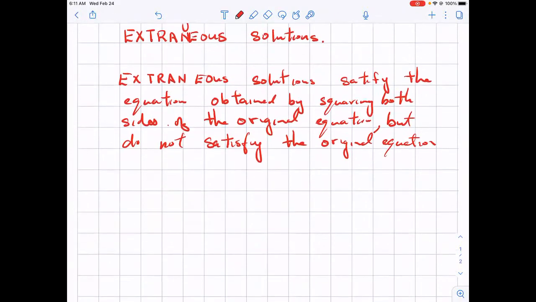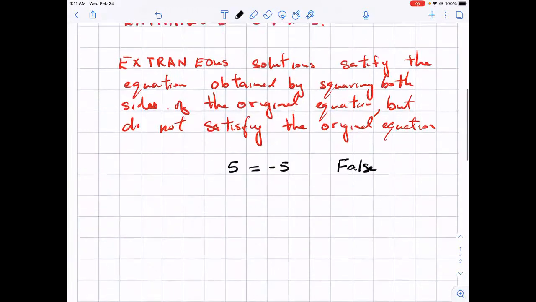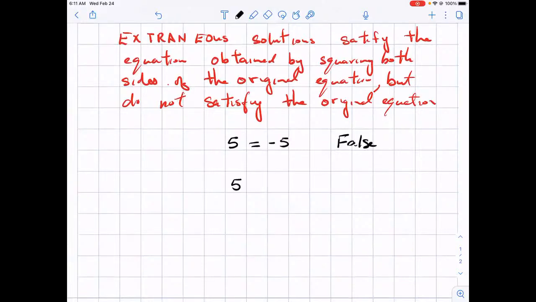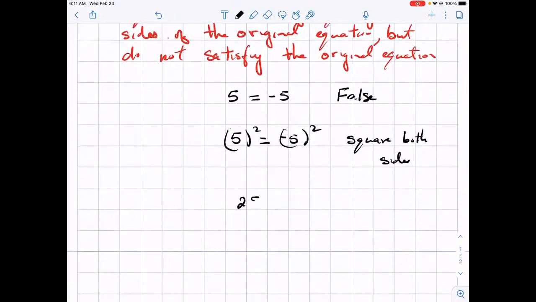For example, we know that 5 is not equal to -5. This is false. But if we square both sides, then we have a true statement: 25 is equal to 25.